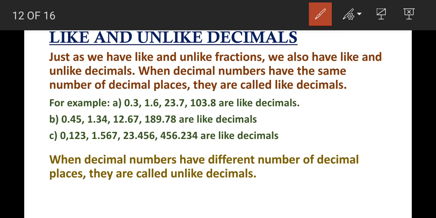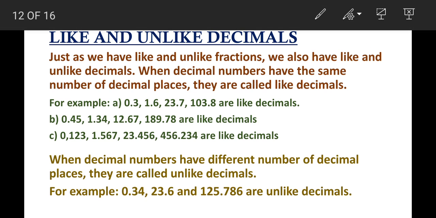Come to an example. For example, 0.34, 23.6, 125.786.